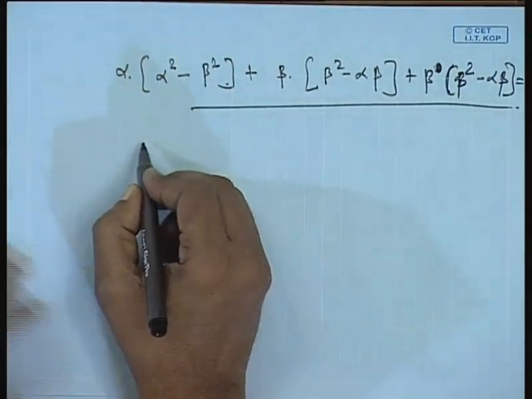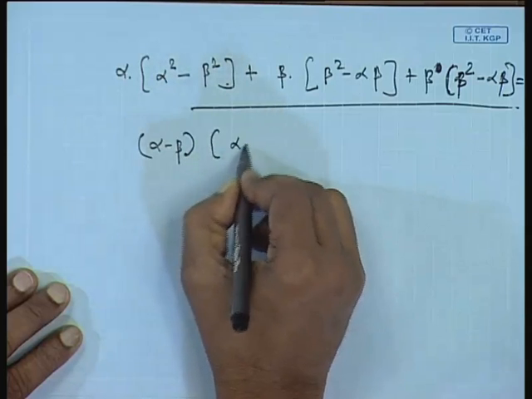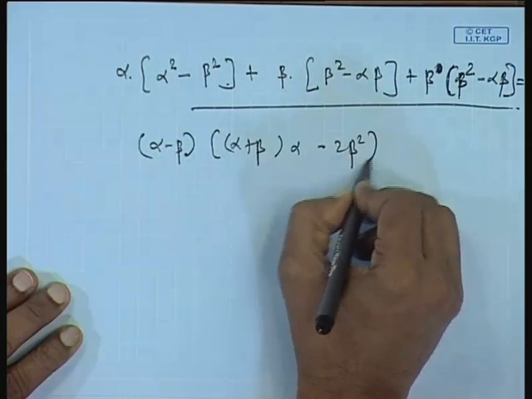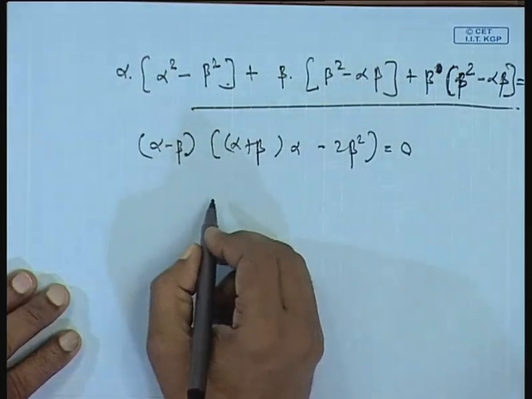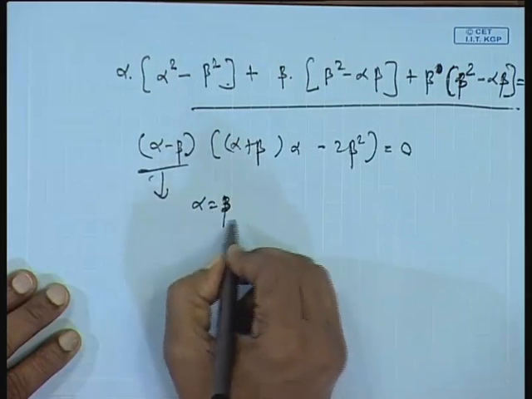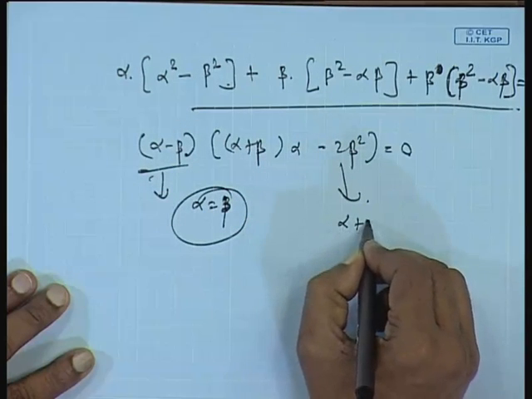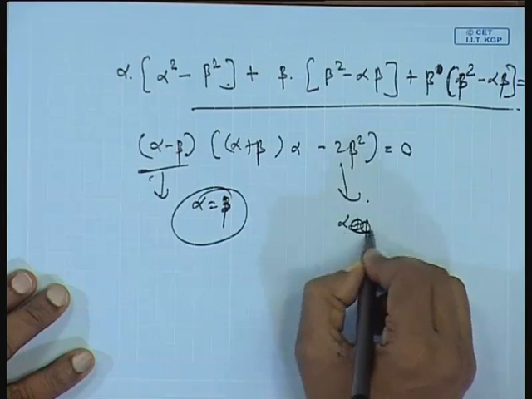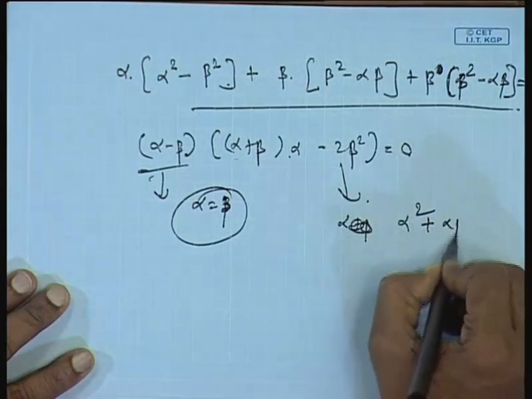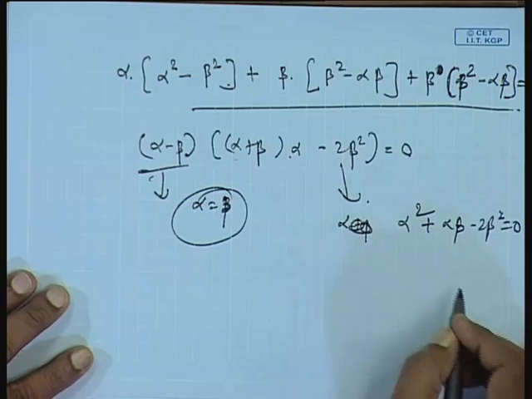Solve it, and once you solve it, you will find that you get this equation, and look, this gives you alpha equal to beta, and this will yield alpha square plus alpha beta minus 2 beta square equal to 0.